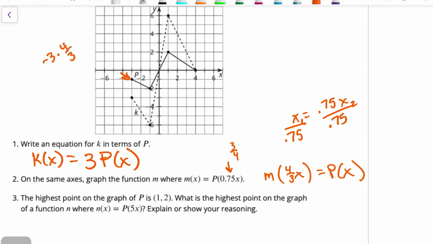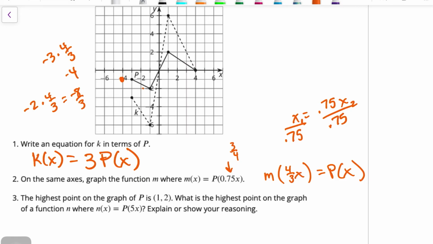So that's going to give us -4. So that's going to stretch out to here. Let's see, -2 times 4/3 gives us -8/3, which is about -2 2/3.